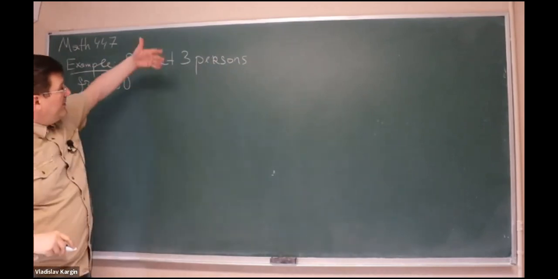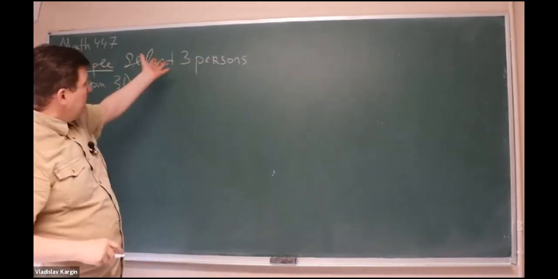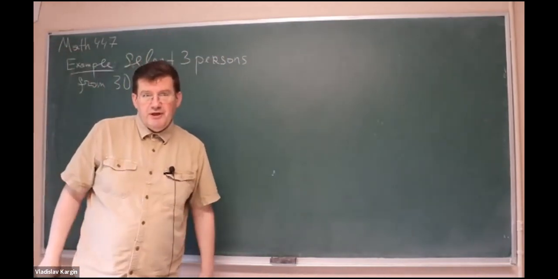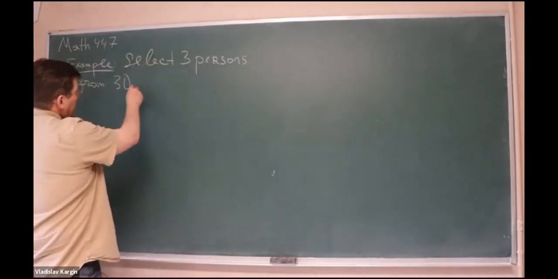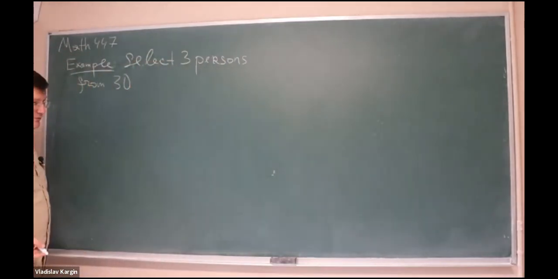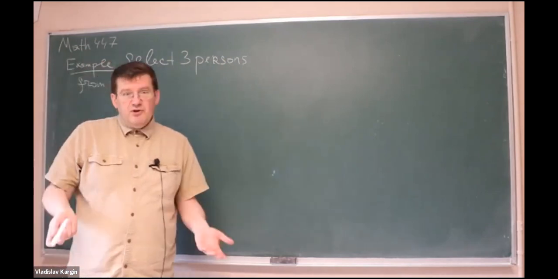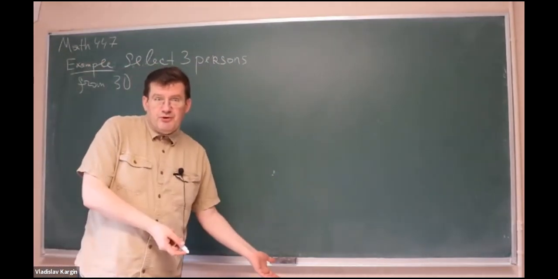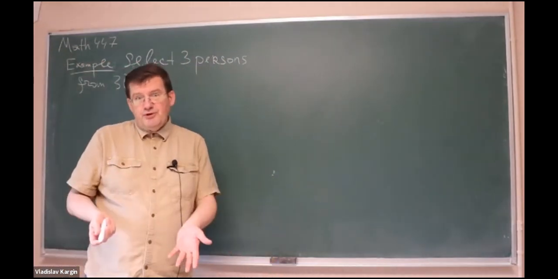And if you select 3 persons from 30, and it doesn't matter in which order you select these 3 persons, the answer was that it's division in 2 groups: those who belong to the group of 3 persons, those who do not belong.